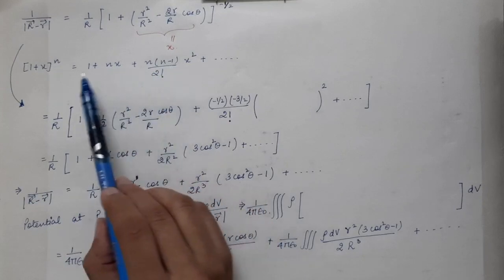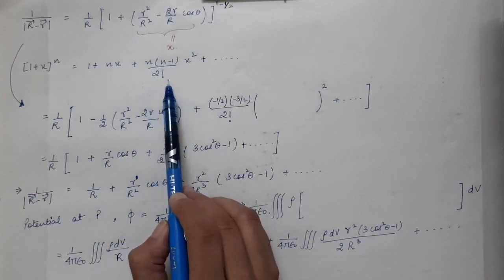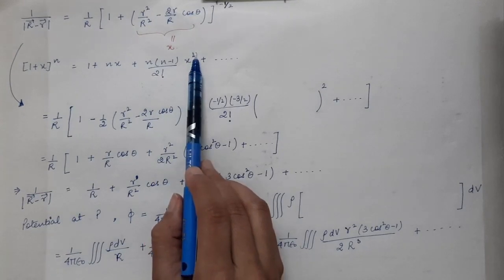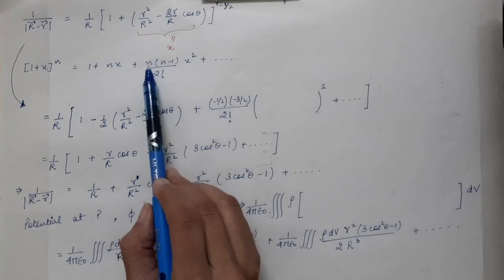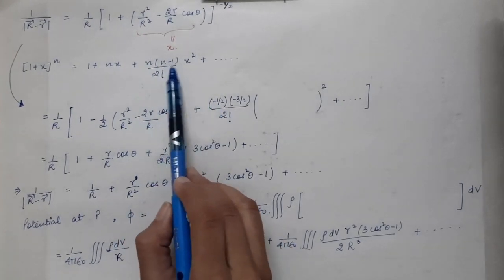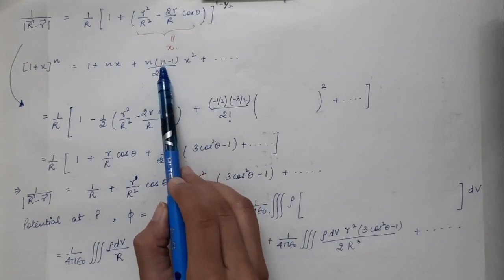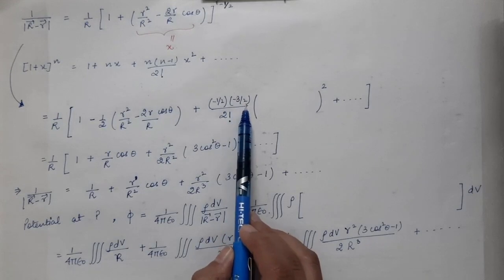Then the next term in the binomial expansion is n into n minus 1 divided by 2 factorial into x square. So over here in this third term you will get, instead of n you will write minus 1 by 2, and instead of n minus 1 you will get minus 1 by 2 minus 1. That will be nothing but equal to minus 3 by 2.